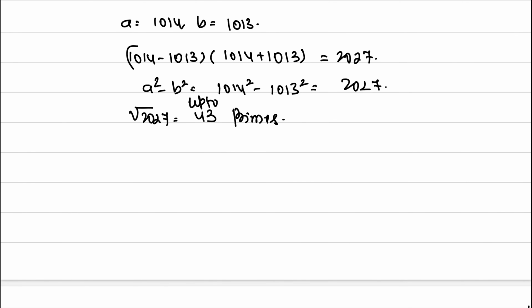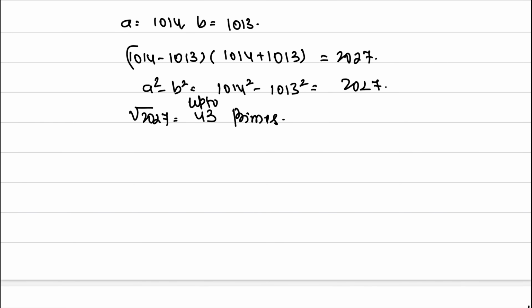You can combine this with our previous theorem, a square minus b square is equal to a plus b into a minus b. That also you can combine, and you can arrive at a particular conclusion that a given number is a prime. If the given number is a prime, let us say 2027, that is a prime. Let us say we have established.